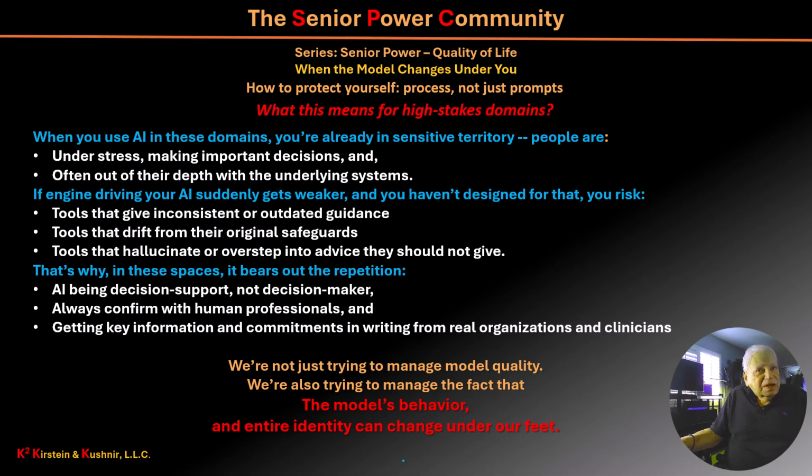If the engine driving your AI suddenly gets weaker and you haven't changed the design for that, you risk tools that give inconsistent or outdated guidance or nonsense, tools that drift from their original safeguards, tools that hallucinate or overstep into advice they should not give. That's why in these spaces it bears repeating: AI is a decision support, not a decision maker.